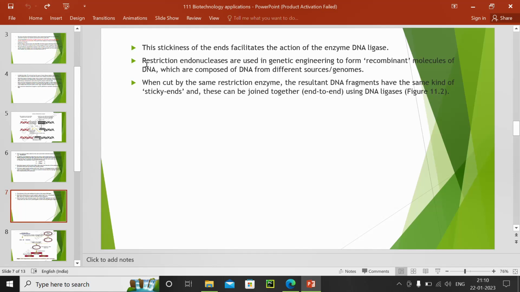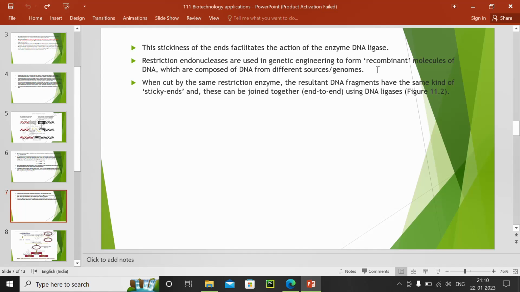So here again, restriction endonucleases are used in genetic engineering to form recombinant DNA. Recombinant means a combination of two or more things. The two DNA molecules are recombined with the help of DNA ligase.